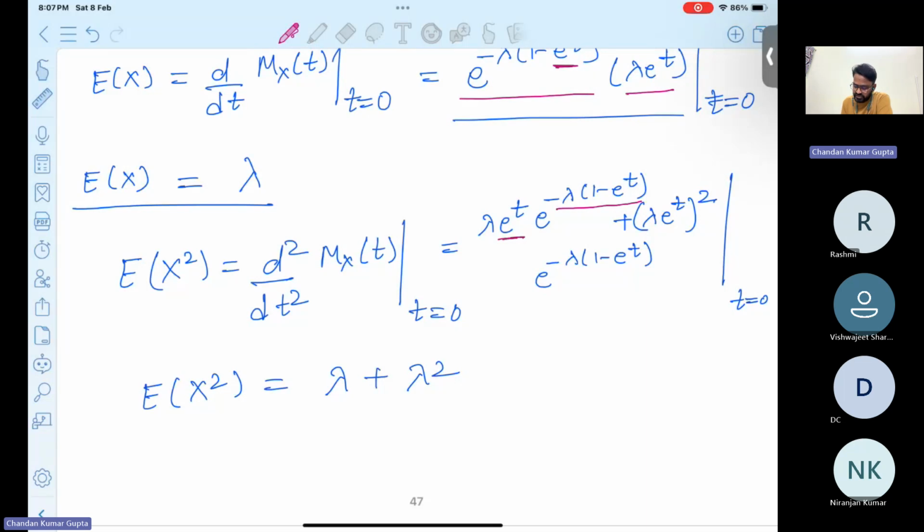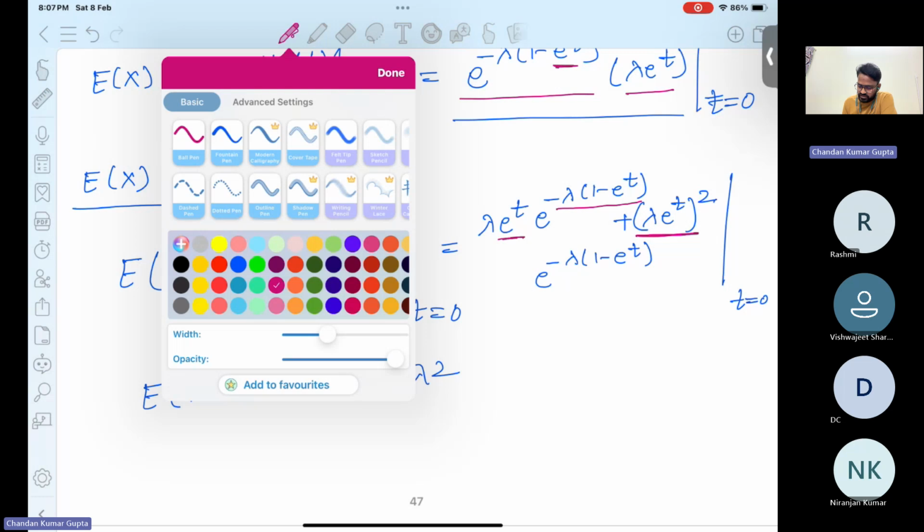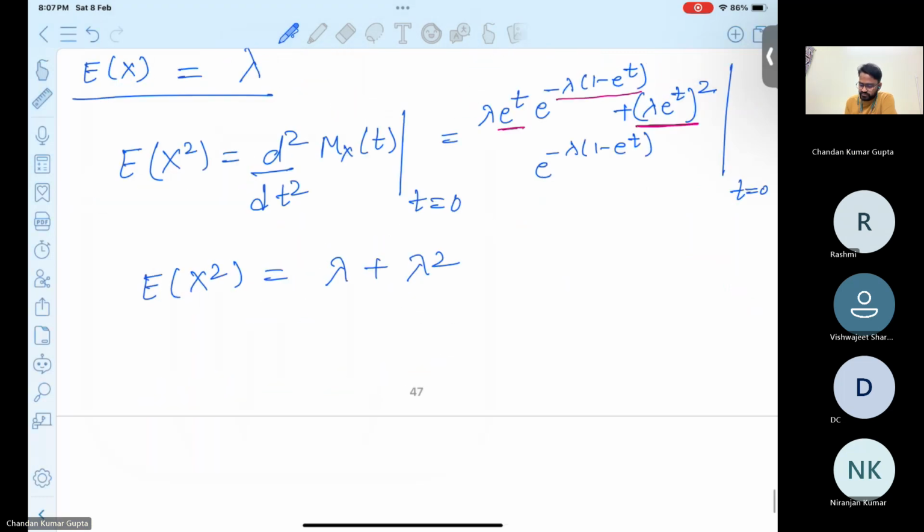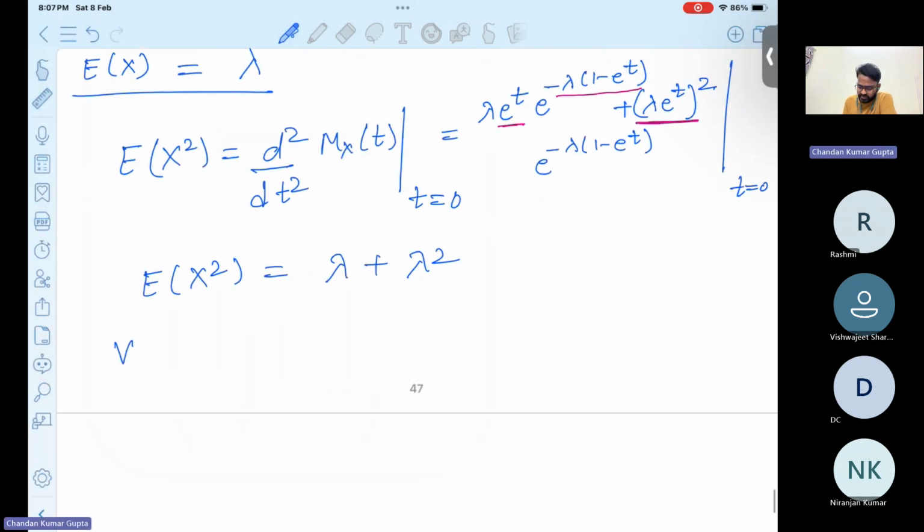So lambda from here, and then lambda square is there, because the whole lambda e to the power t is squared. So we have the expectation of X square as lambda plus lambda square. Now the variance of X is the expectation of X square, which is lambda plus lambda square, minus the expectation of X whole square, which is lambda square, and it comes out to be lambda.